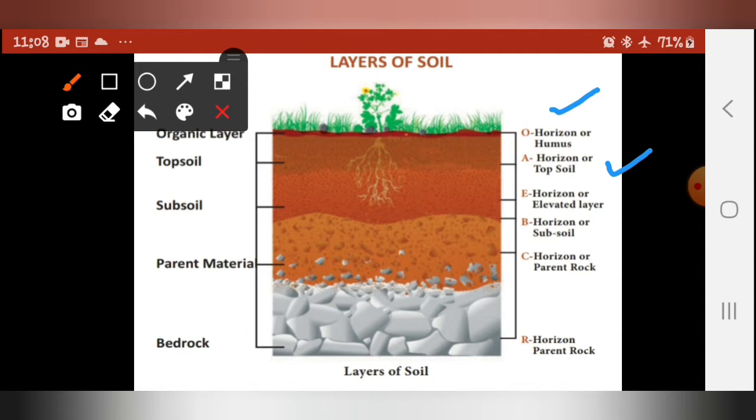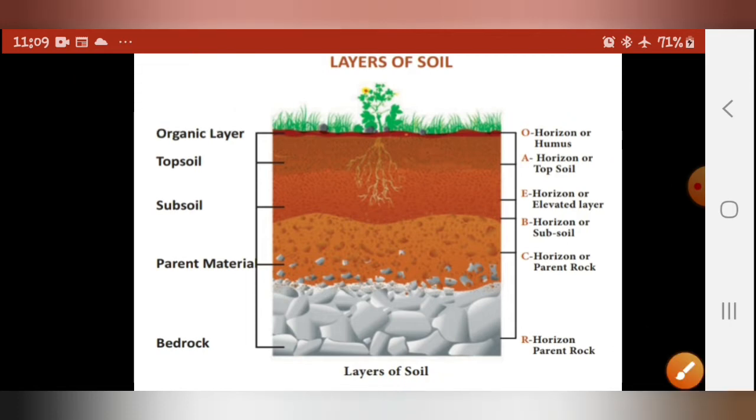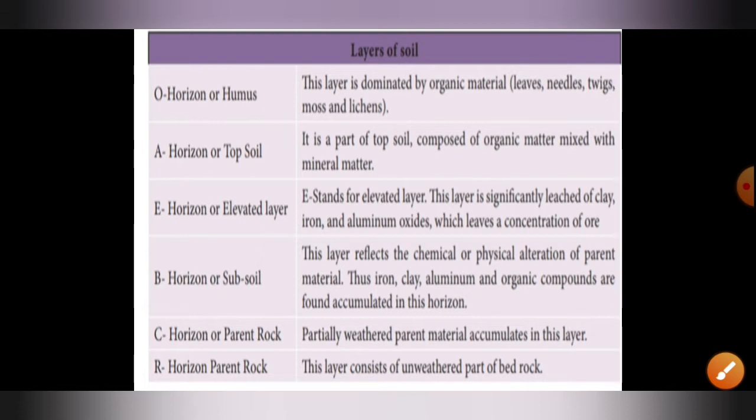Next, E, horizon or elevated soil. And B stands for horizon or subsoil. And C stands for horizon or parent rock. And last, R stands for horizon parent rock. So these are the layers of soil.